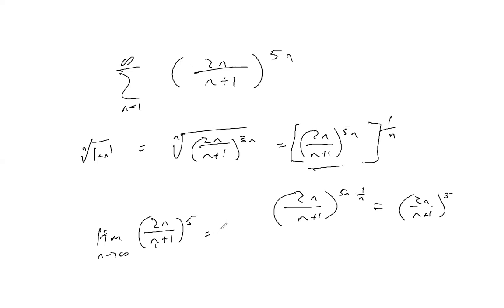So the limit should be 2 to the 5th, which is what? 32. So my limit's 32, which is definitely greater than 1. So what does root test tell me? It tells me my series is divergent.